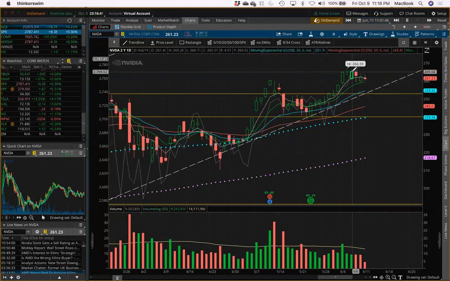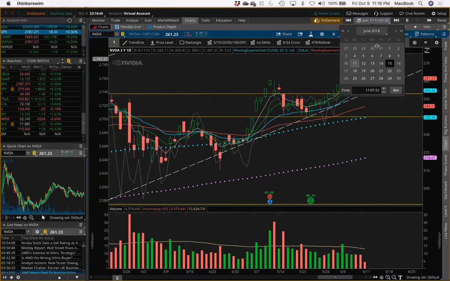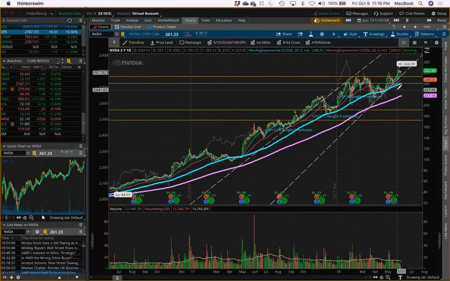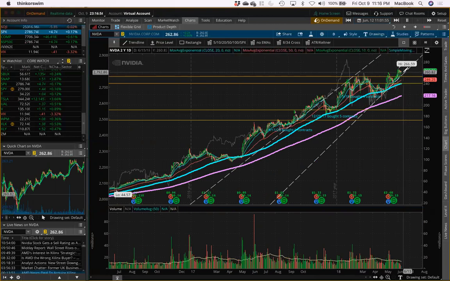Got some pullback. I mean, we're looking for it to make a higher low, but I'm really just looking for it to at least come down to the 20. Not coming down quite yet.